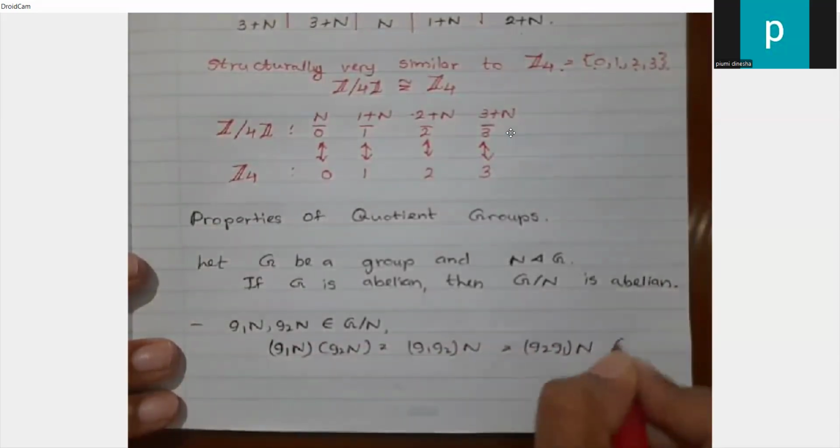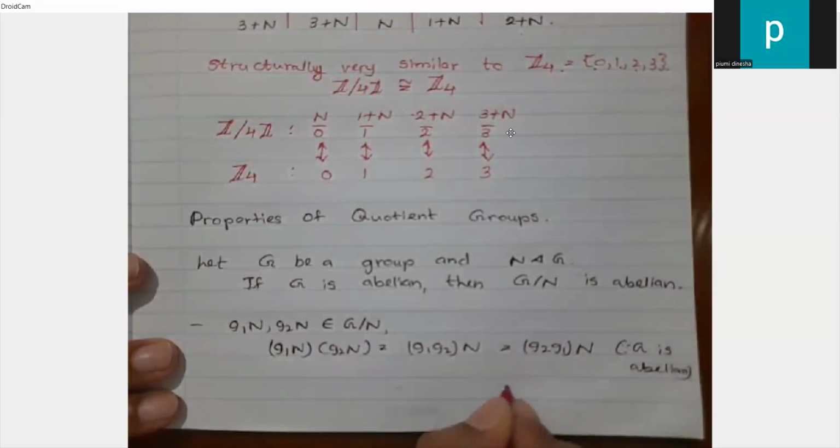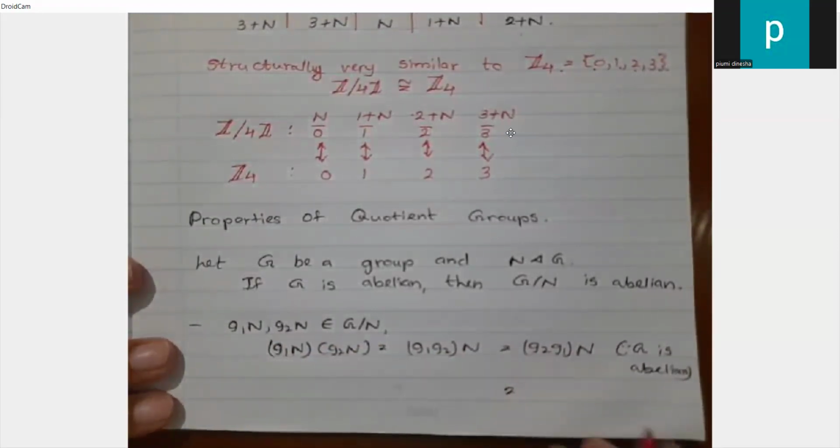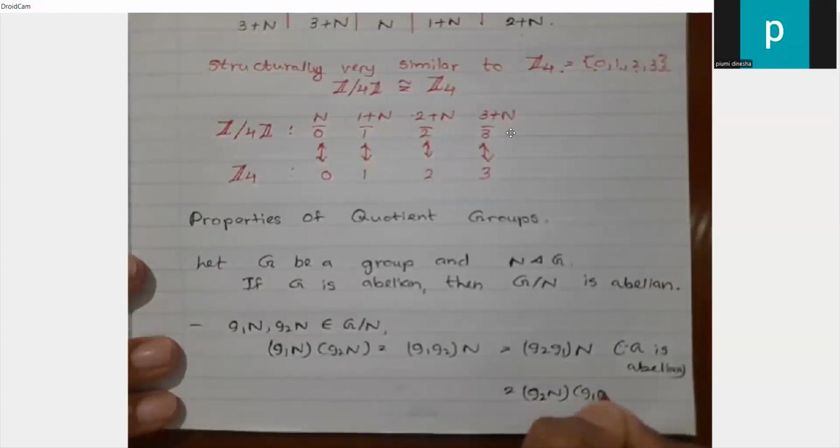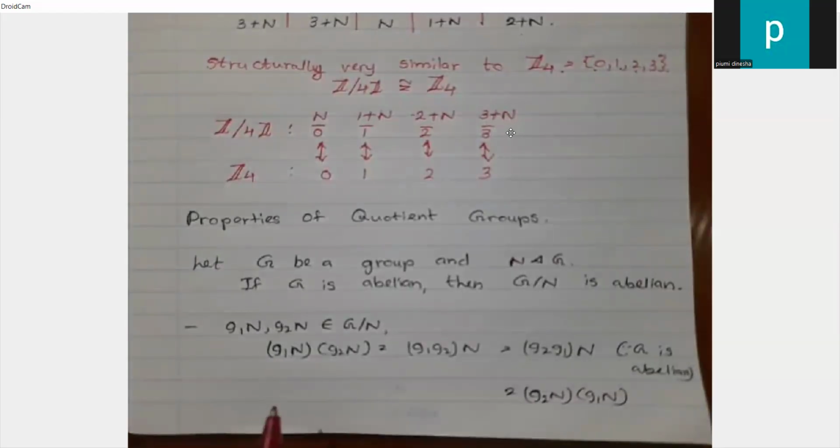Why is that? This is because G is abelian. And once again, the definition of the binary operation over the quotient group yields G2N times G1N. See, we have commuted these two elements. We are able to commute the two elements because G is abelian, right? Okay.